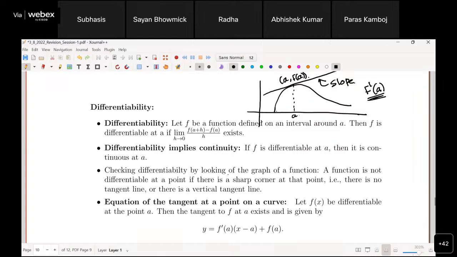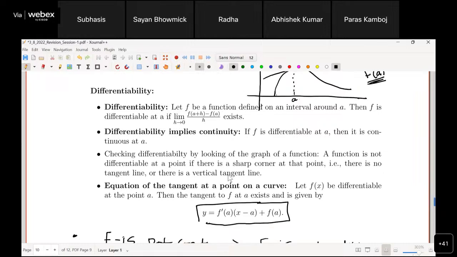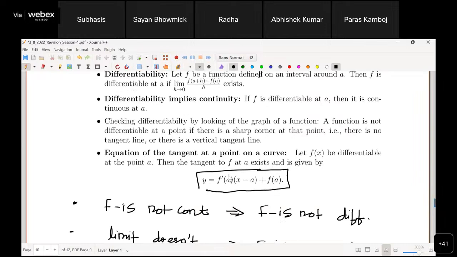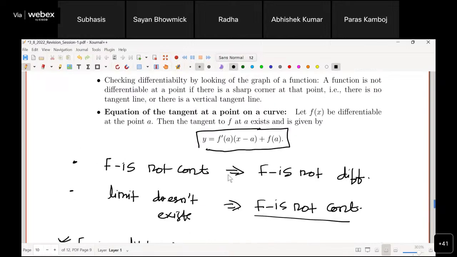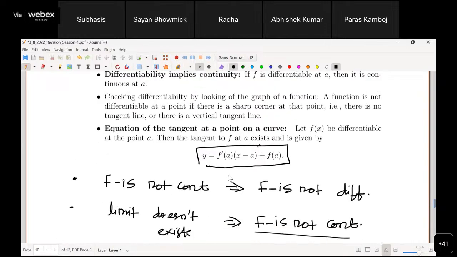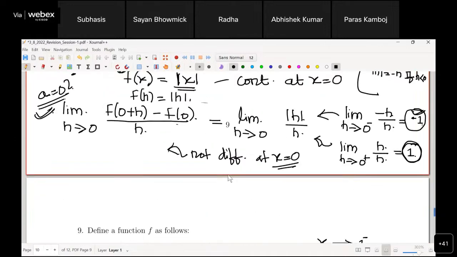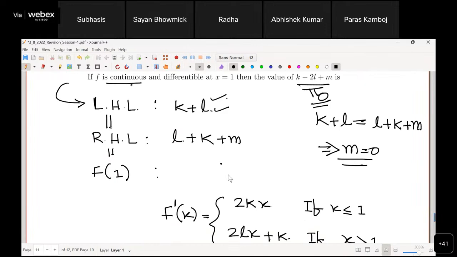The equation is y equals f dash of a times x minus a, plus f of a. Finding the equation of the tangent line is not that difficult. If you know how to find the derivative, it's really easy. It's basically the same as finding the equation of a line.